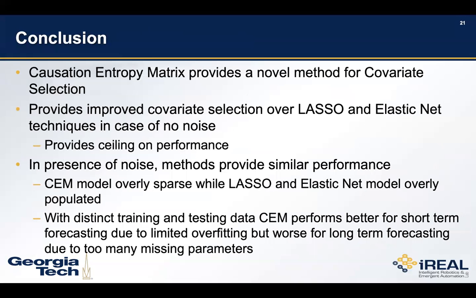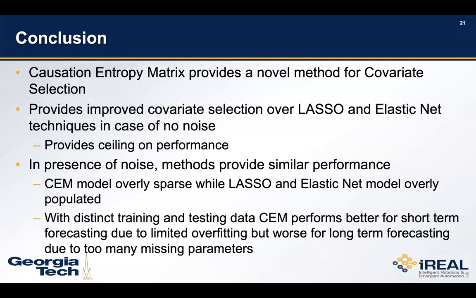To tie up and conclude this presentation, the causation entropy matrix provides a novel method for covariate selection. It provides improved covariate selection over lasso and elastic net techniques that have become popular in the literature recently. And this is an important case, as this case of no noise provides the ceiling on performance. So should filtering or other techniques to limit the effects of noise be included, the CEM has greater potential than these methods.